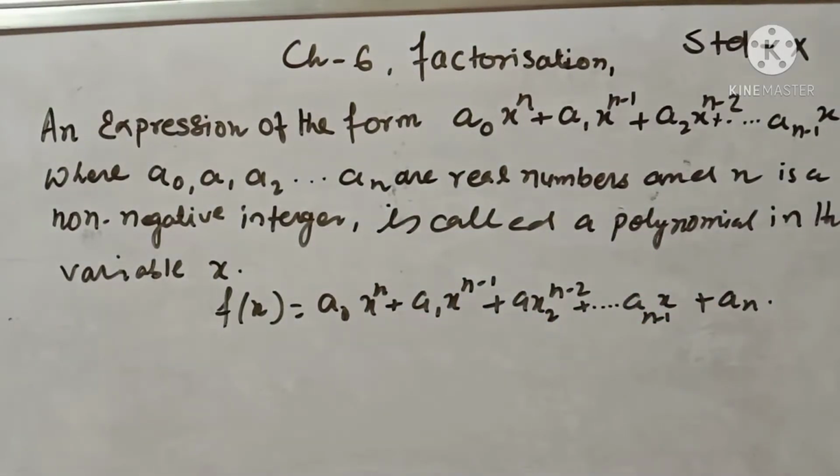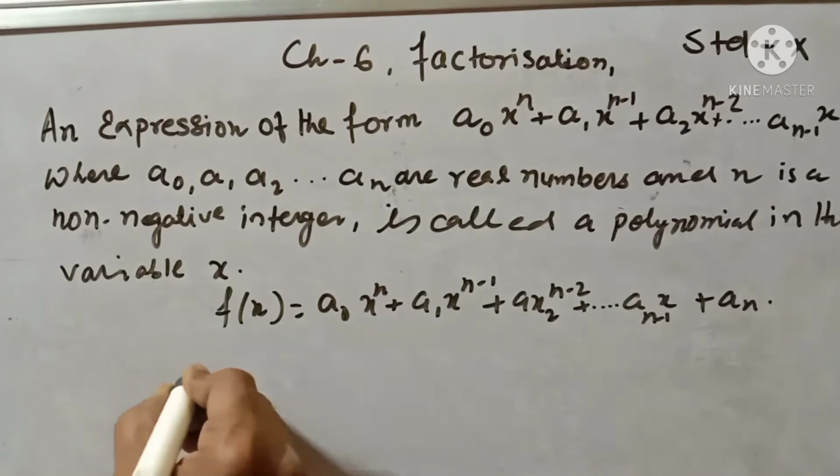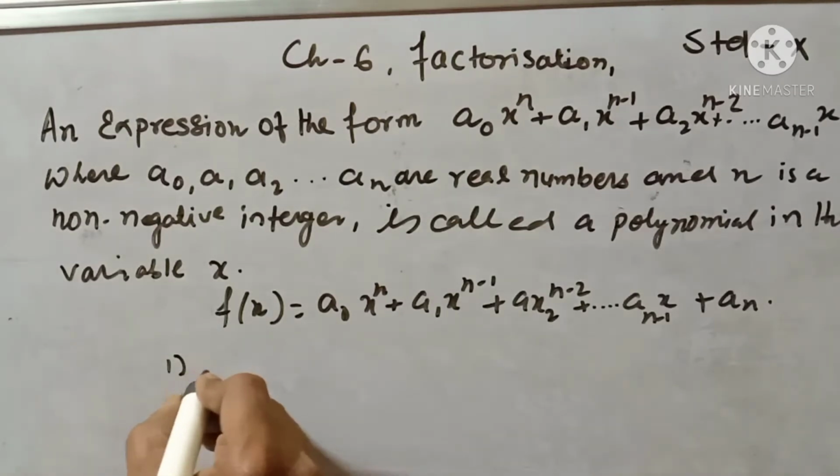Other than that, we have to see that if a0 is not equal to 0, then n is called the degree of the polynomial f(x), and it is written as degree f(x) equal to n. Remember this term.